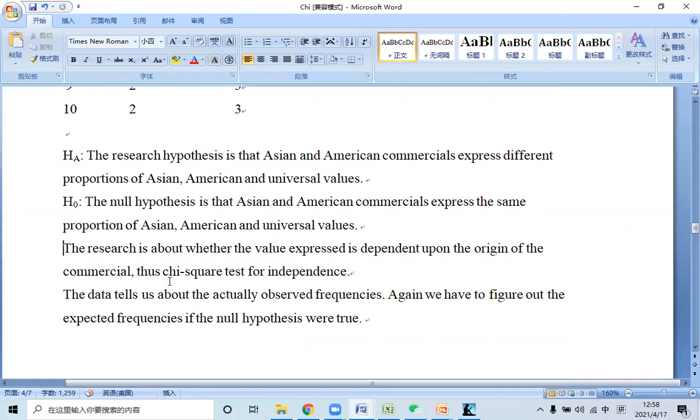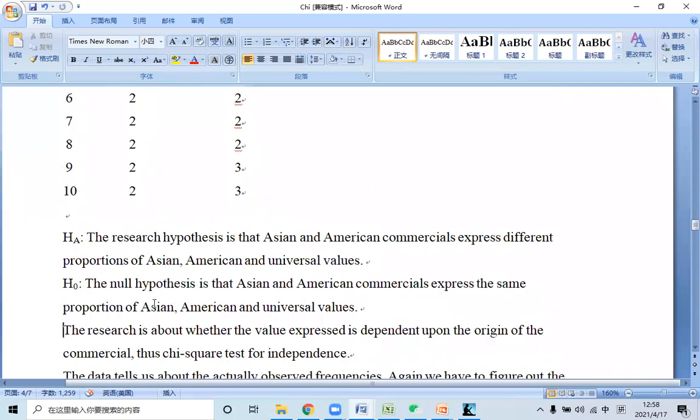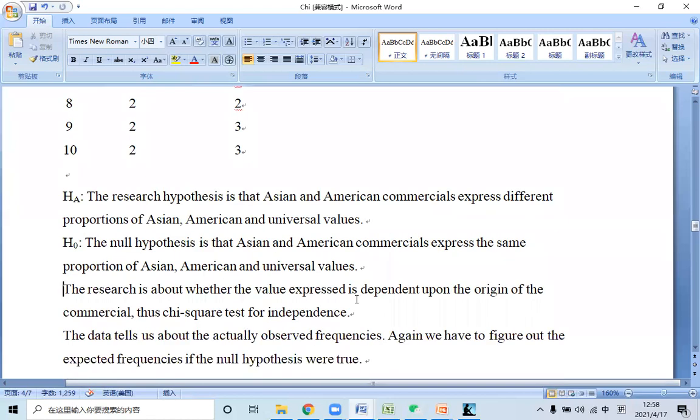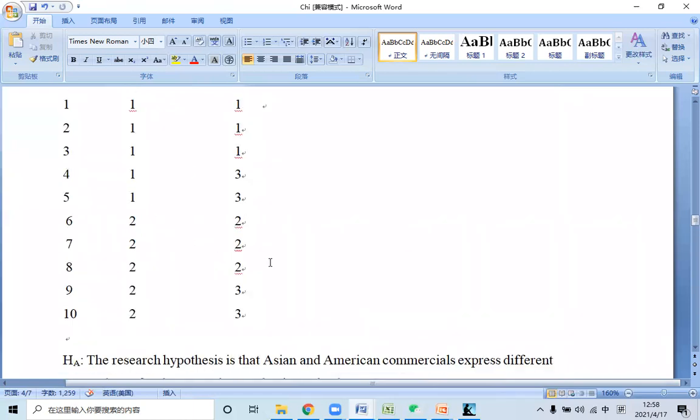What do you want to do with your data? You want to use your data to show that the null hypothesis is not very good. You want to show that if the null hypothesis were true, you have a low probability of observing your statistics, observing this pattern of numbers.